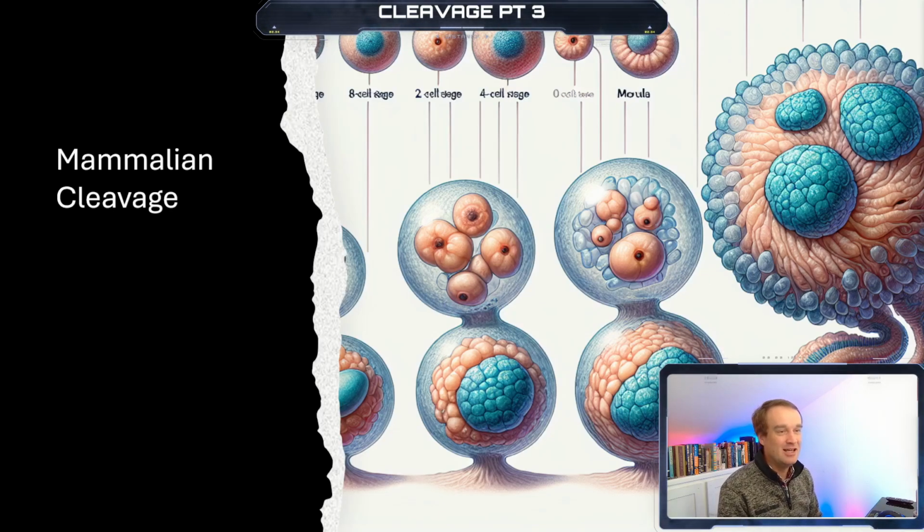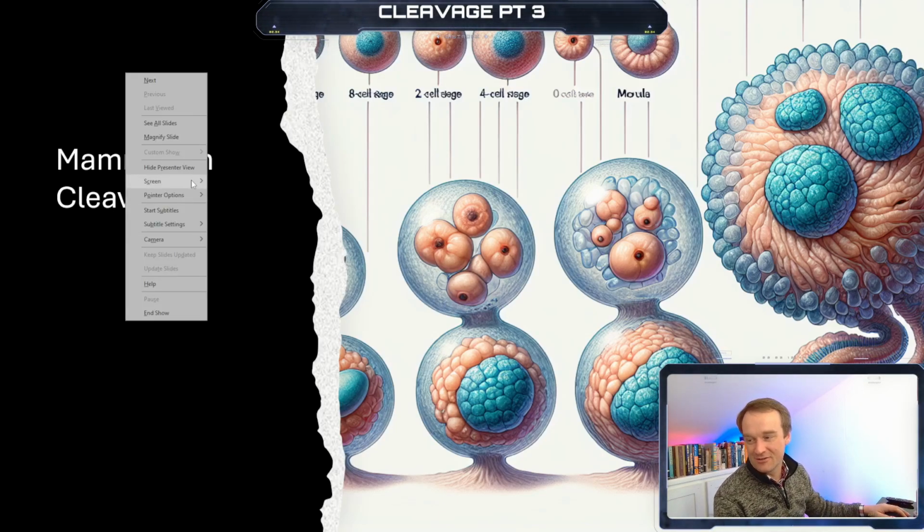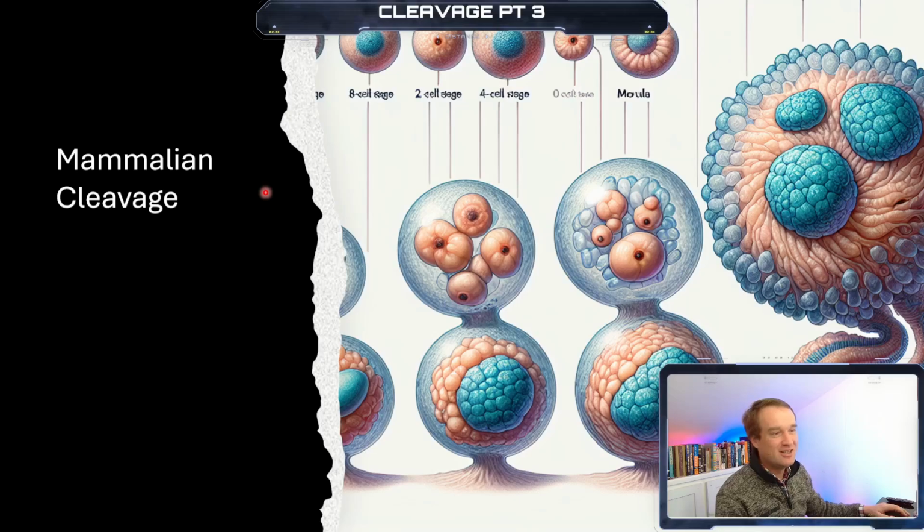So people are going to look at the slide, oh, mammalian cleavage, and it looks like an octopus. You can kind of see it under my screen here, but you'll see it if you're in the class and you have the slides. But this is nonsense. I don't know what's going on in this image, but anyways, something to amuse myself, I suppose.